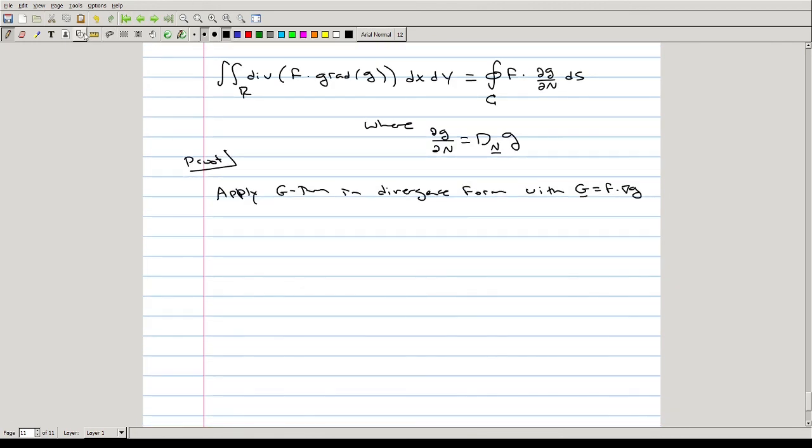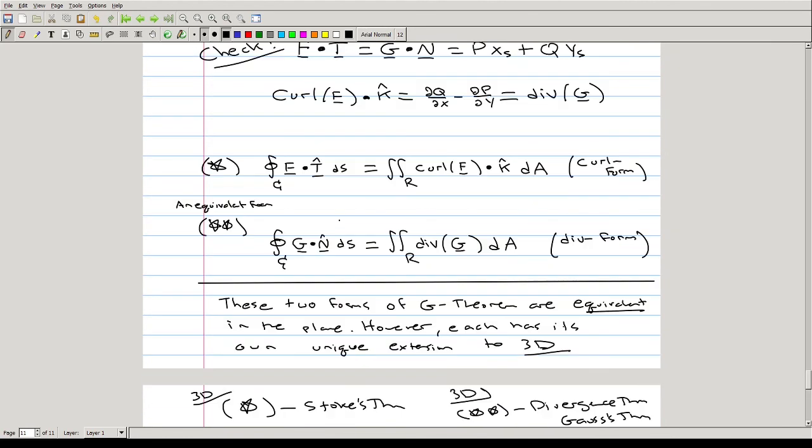In which case, this integral that we start with, this double integral, just becomes equal to the closed contour integral over C of the vector field G, because this is the vector field capital G.